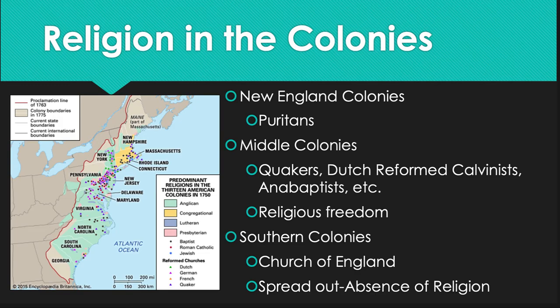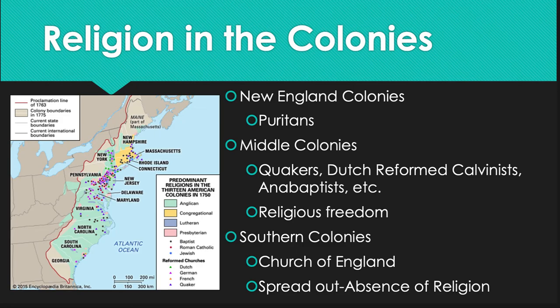in the southern colonies because they're so spread out. Where people were was on these plantations that were miles and miles and miles away from each other. So there was no cohesive religion in the southern colonies. Instead, it was just kind of whatever the people practiced, and whatever they carried out in their own homes, really.